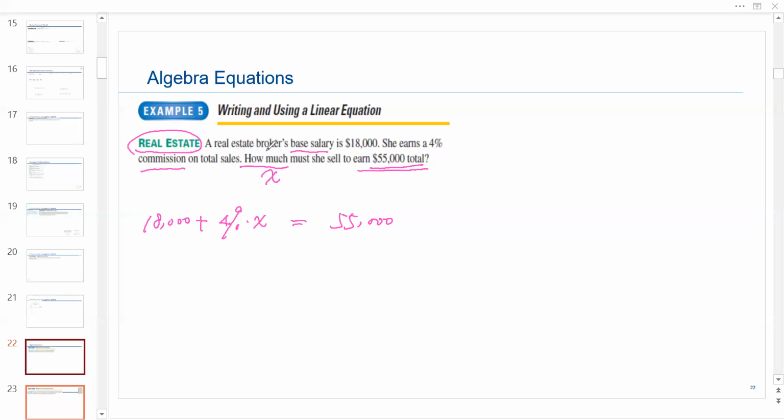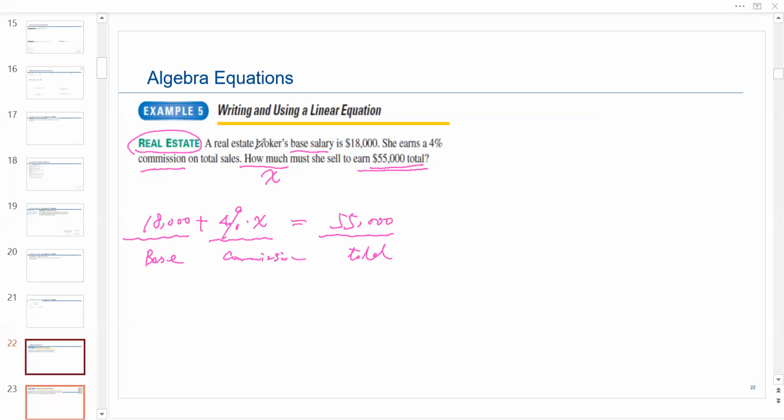So this person totally earned 55,000. 18,000 is the base salary, and the second part is the commission. So this is their total. You need to build this kind of equation first. Let's read this one more time.